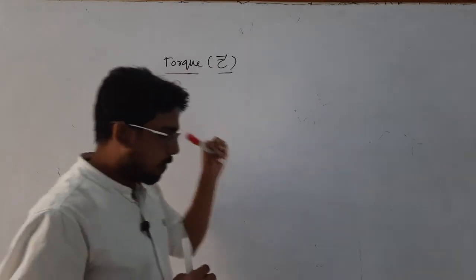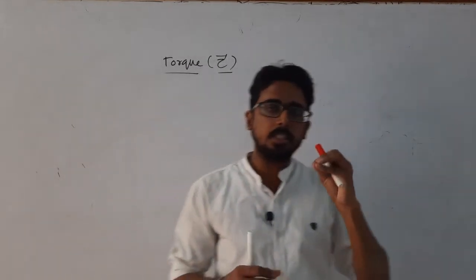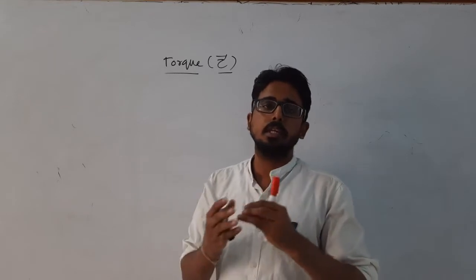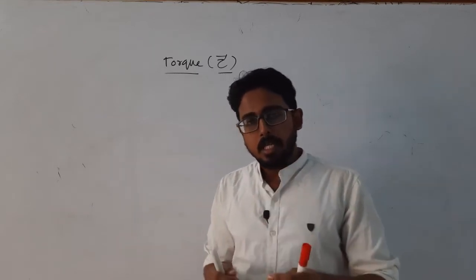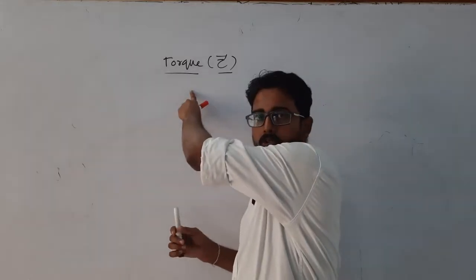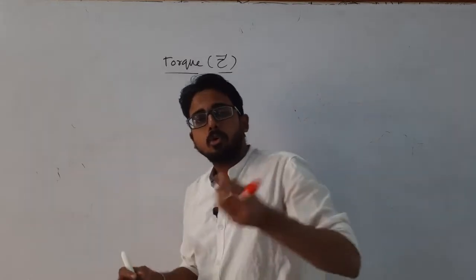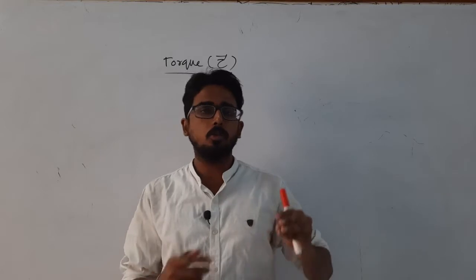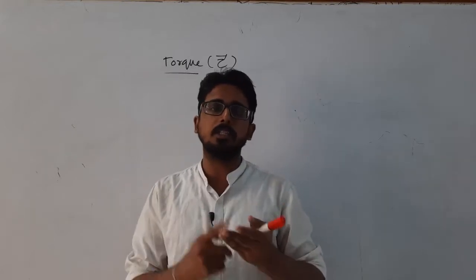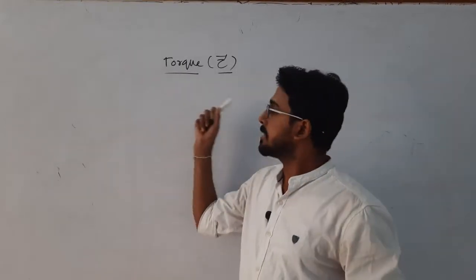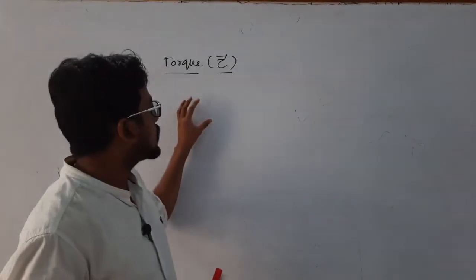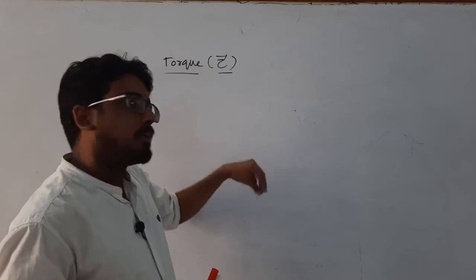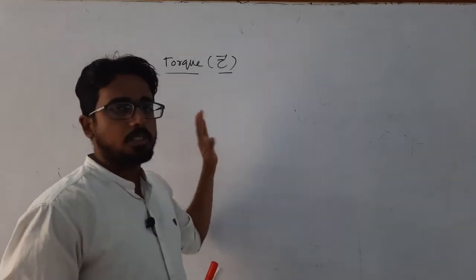Force is required to produce or generate linear motion, and torque is required to produce rotational motion. Clear? So what force is in linear motion, the same is torque for rotational motion.